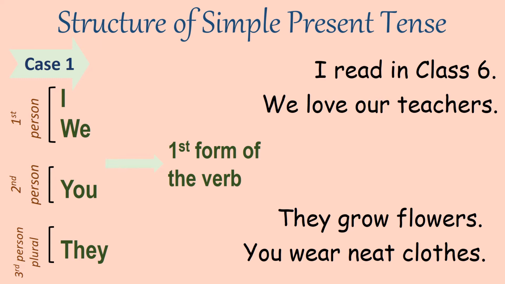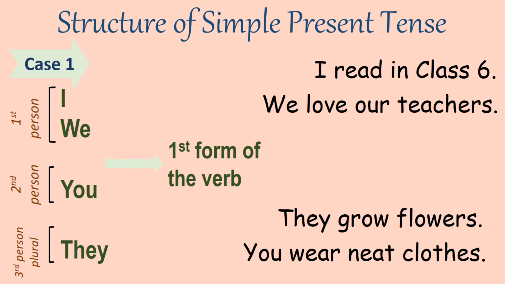I read in class 6. We love our teachers. They grow flowers. You wear neat clothes. So you need to focus on the subject, which are the pronouns or the nouns. I, we, they, you, the cats. These are all called subjects, which are doing something actually.